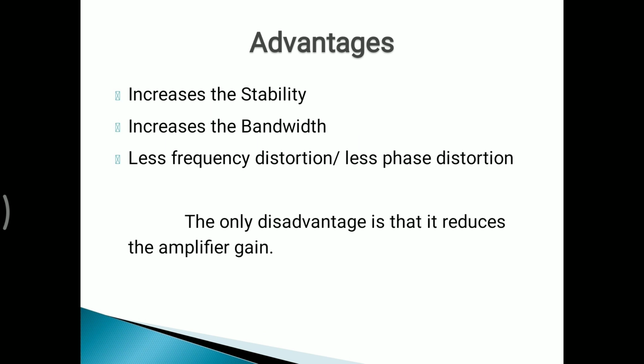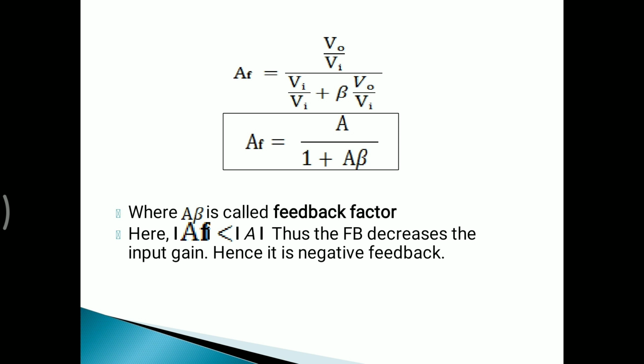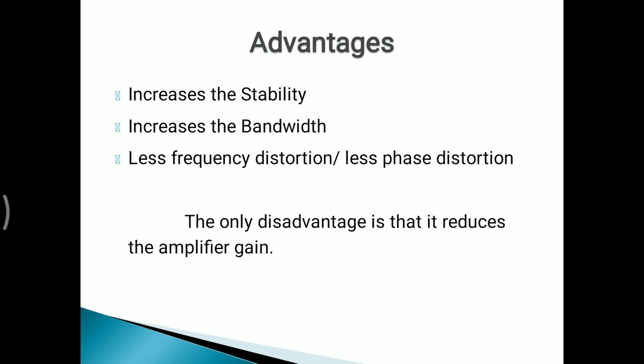The advantages of negative feedback are increased stability, increased bandwidth, and less frequency distortion or phase distortion. The only disadvantage is that it reduces the amplifier gain, because the feedback amplifier gain is less than the gain of the amplifier. So these are all about the feedback network: positive feedback and negative feedback.